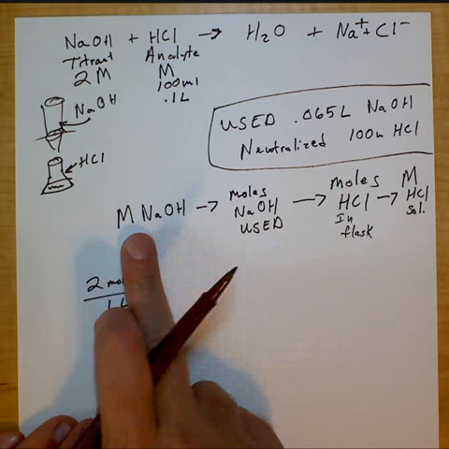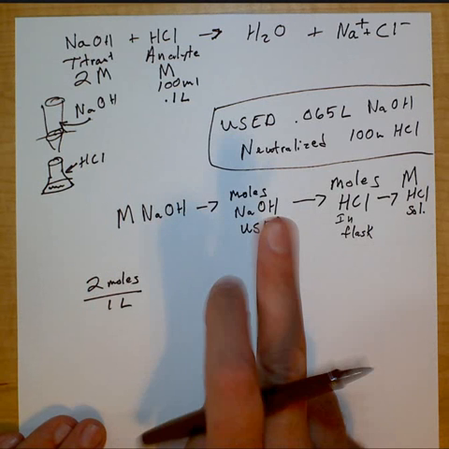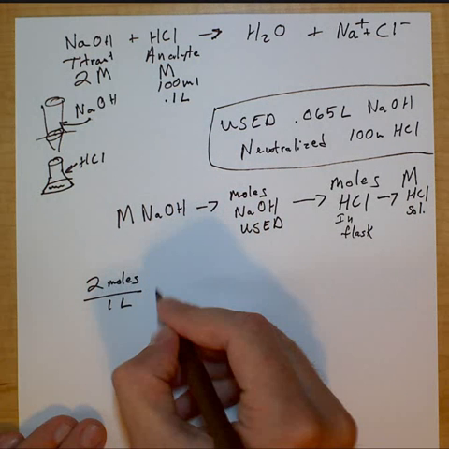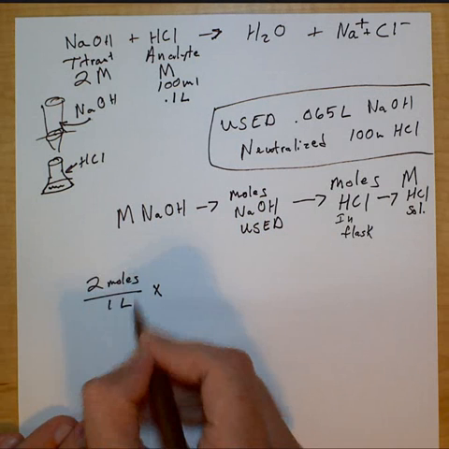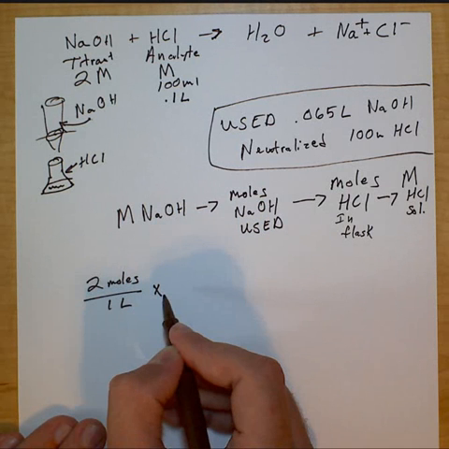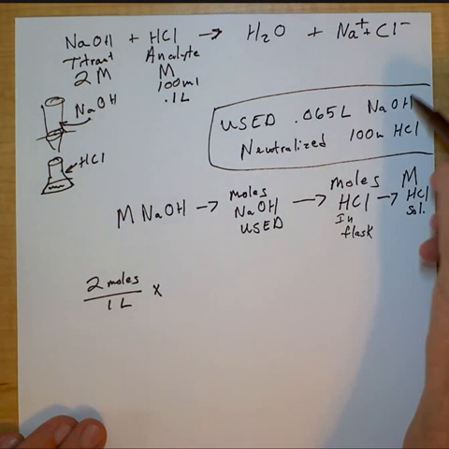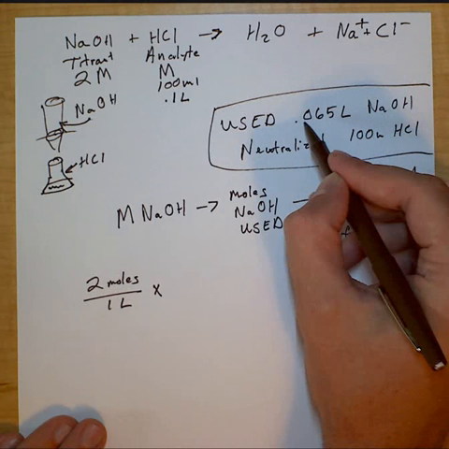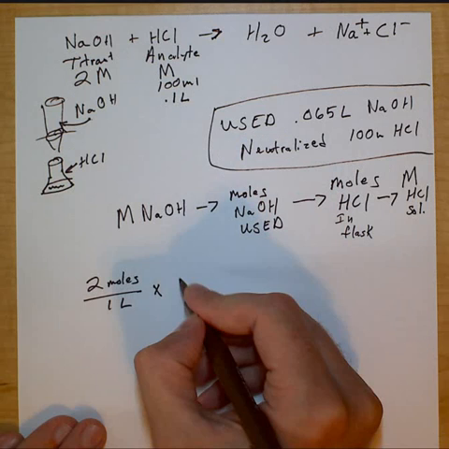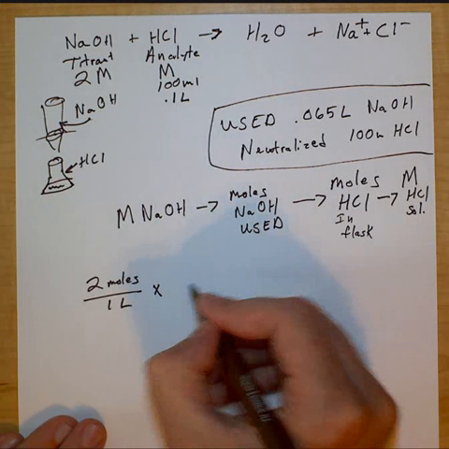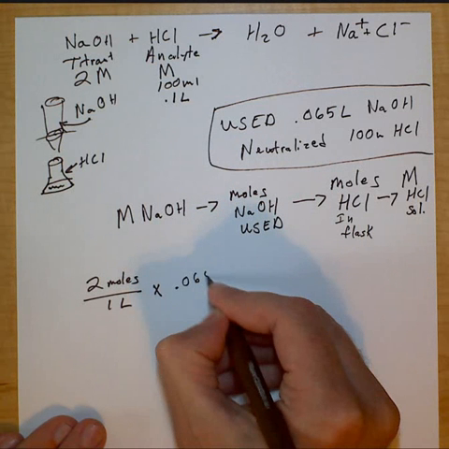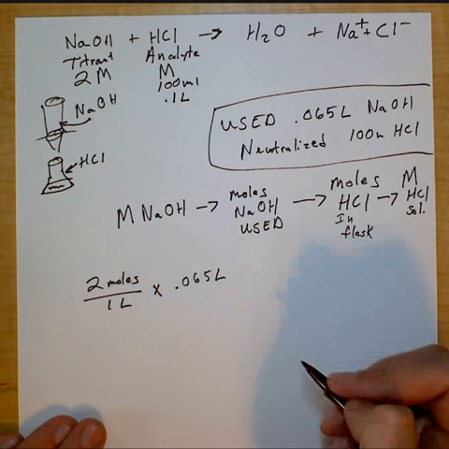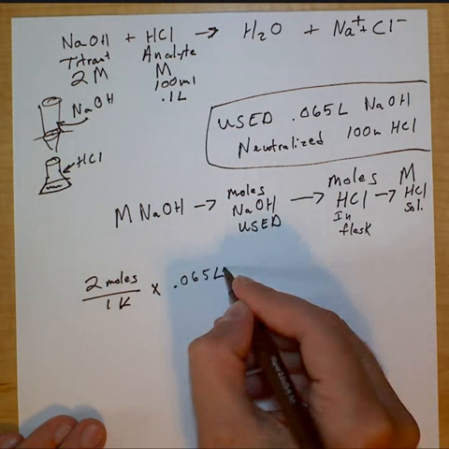When I do that, I multiply the molarity by the volume that I titrated against the acid. So this volume here of 0.065 liters was my figure, of course. I'm going to multiply here, 0.065 liters. And what that does is my liters will divide out, and that will give me the quantity of moles of NaOH.